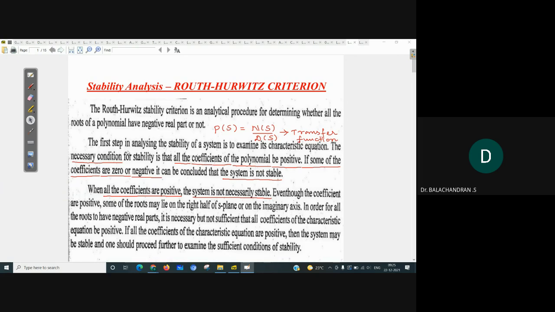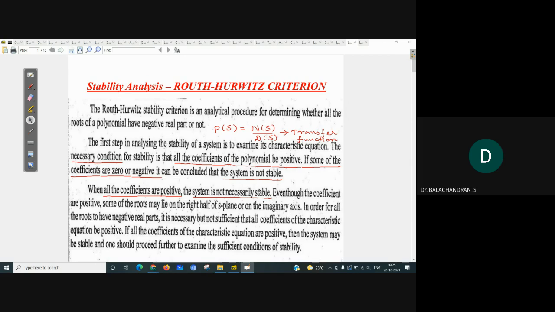Now the first step in analyzing the stability of a system is to examine its characteristic equation. P of S is a transfer function, which can be written as N of S by D of S. And the denominator, D of S, is called the characteristic equation.